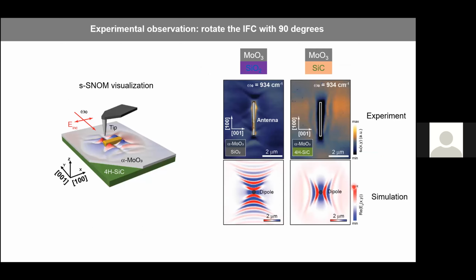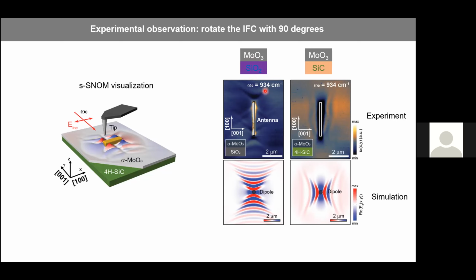In order to realize this in measurements, we did some similar measurements with s-SNOM. We put a gold antenna on molybdenum trioxide and put them on silicon carbide here. This is the near-field image, and we compared it with molybdenum trioxide on silicon dioxide here.